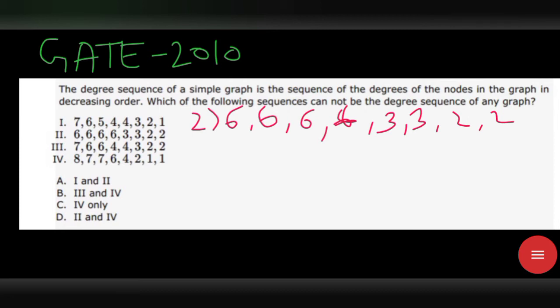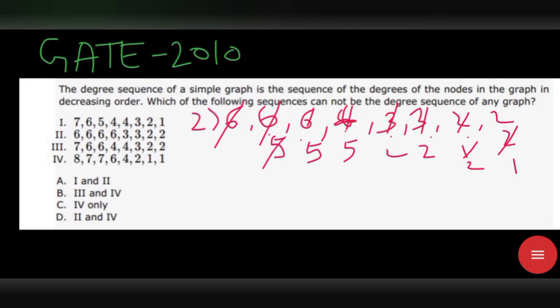It is already in decreasing order, so we don't have any problem. I will cut 6 and look for 6 elements, 1, 2, 3, 4, 5, 6. Now we will decrease 1 from them. So it will be 5, 5, 5, 2, 2, 1 and 2. Now I will arrange them in decreasing order. So 2 will come here and 1 will come here. Now it is in decreasing order.